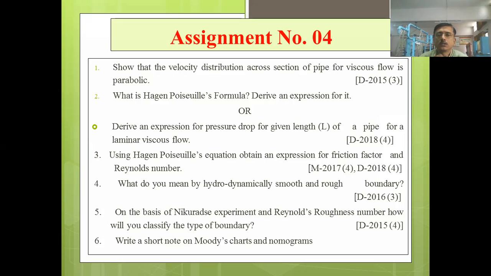Or derive an expression for pressure drop for a given length L, capital L, of a pipe for laminar viscous flow. This question was asked in December 2018 for 4 marks.